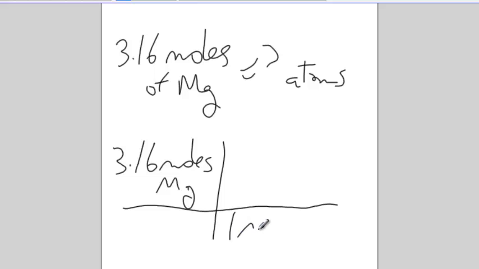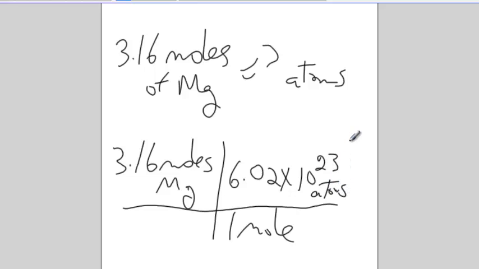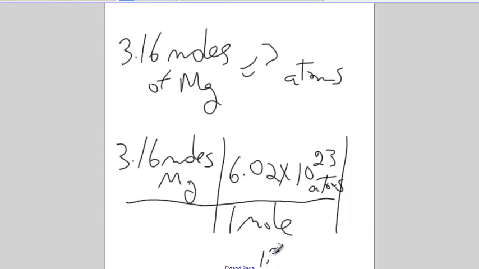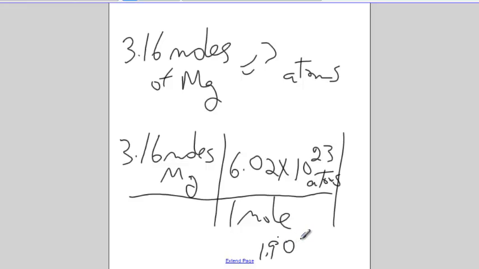For every 1 mole, there is 6.02 times 10 to the 23rd atoms. Plug and chug, and I get 1.90 times 10 to the 24th atoms.